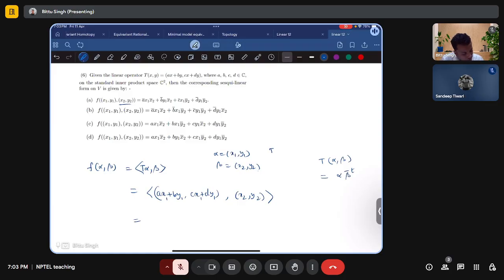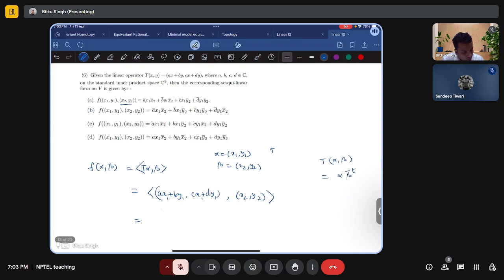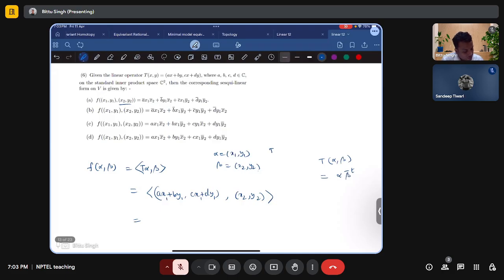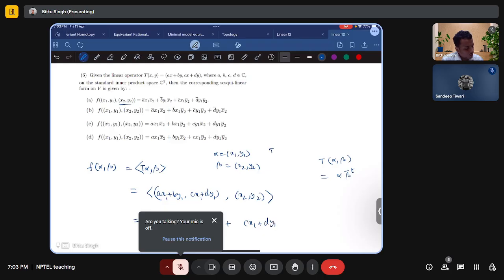Okay. So now if we just multiply, the first one will be (a x1 plus b y1) times x2 bar plus (c x1 plus d y1) times y2 bar.